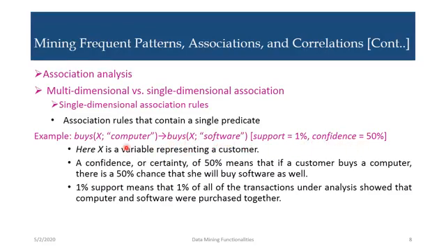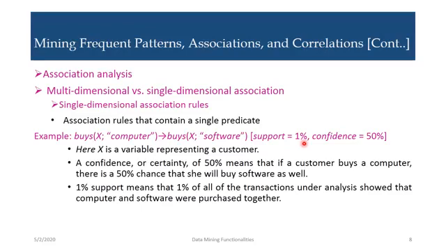So here first of all we will discuss the buys. This is nothing but a predicate. Here we have used a single predicate, buys, on both sides of the rule. Here X stands for a customer. It is a variable which represents the customer. The meaning of this is that a customer purchasing a computer also purchases software.